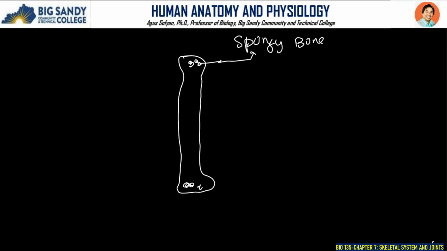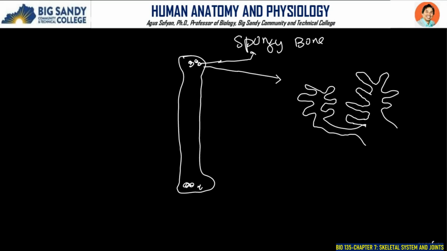If we look at it closely under the microscope, if we take this area, there will be a structure that looks like a deer antler. Each of these units is called a trabecula.